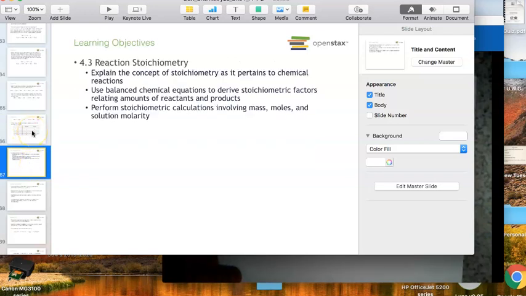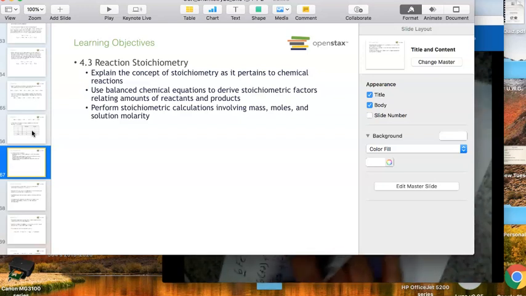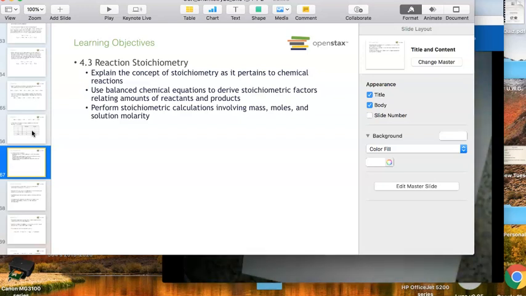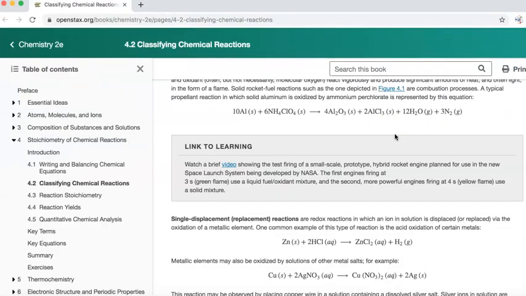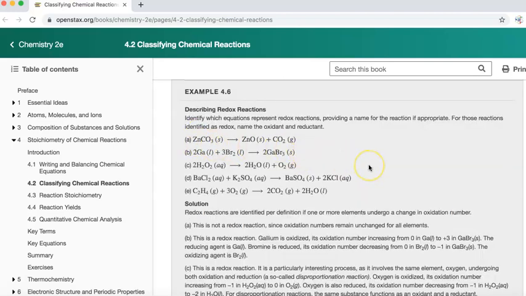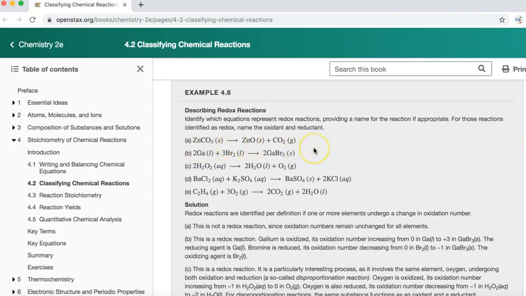Okay, so there are some problems in our textbook that I would like to look at regarding redox reactions. Okay, so if we go and take a look at that, let's see here. Example 4.6 here, we have a redox reaction where they're asking us to classify the type of redox reaction it is by providing a name, and for those reactions that are redox, name the oxidant and the reductant.